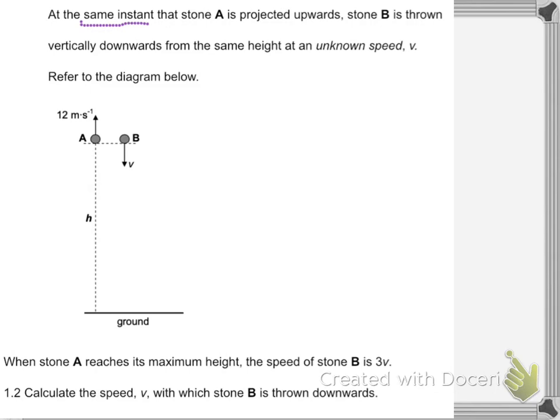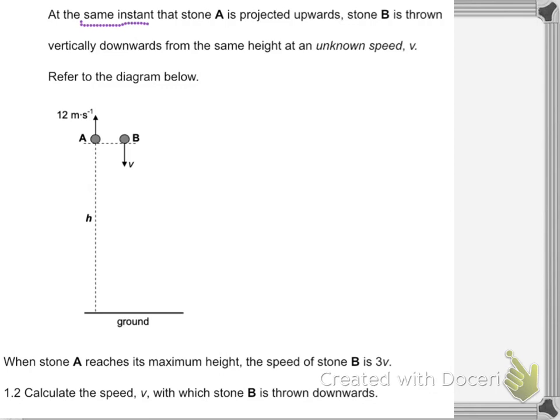Alright, so the initial velocity of stone B is downwards, and its speed is v.